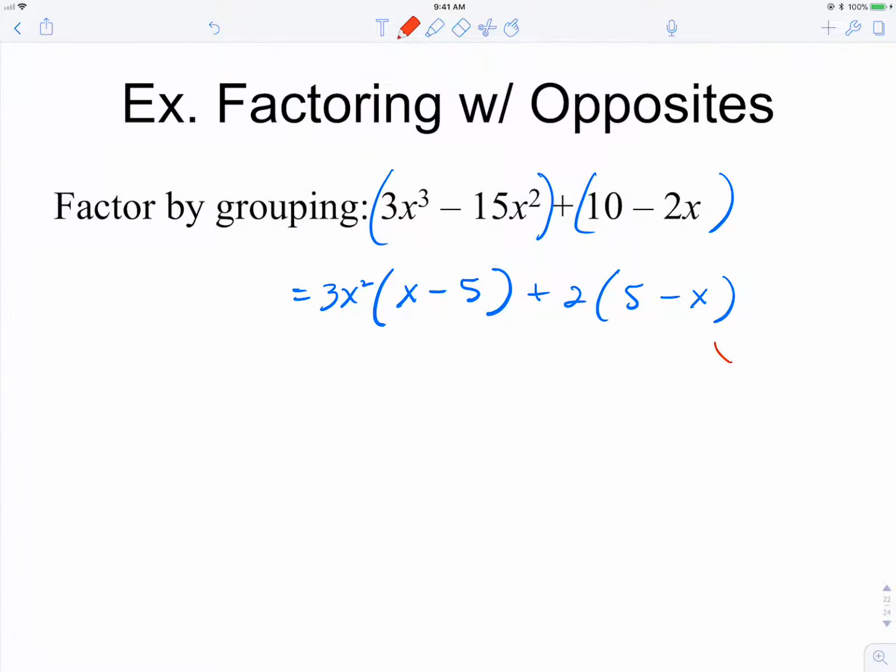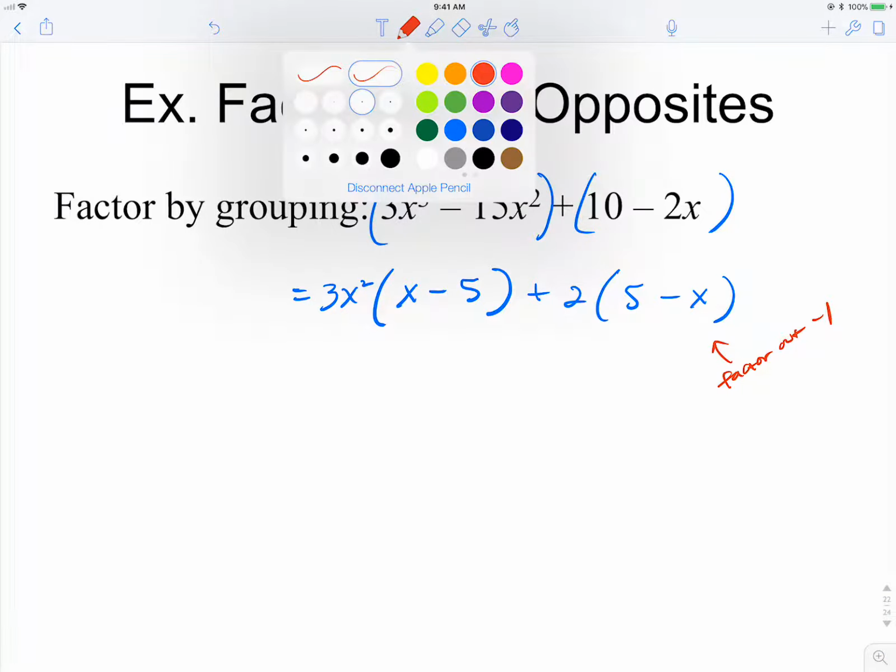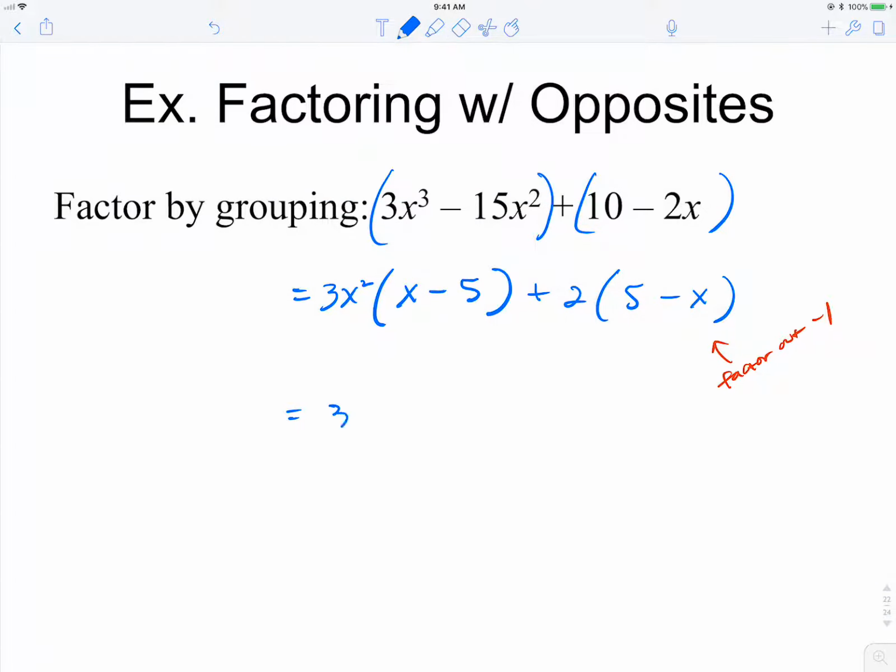So we can actually factor out a -1. They look very similar, but they are not the same. So when we factor out a -1, that'll become minus 2 times x minus 5. It changes the signs of the terms inside the parentheses there.